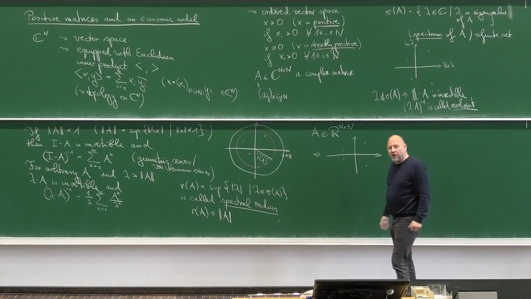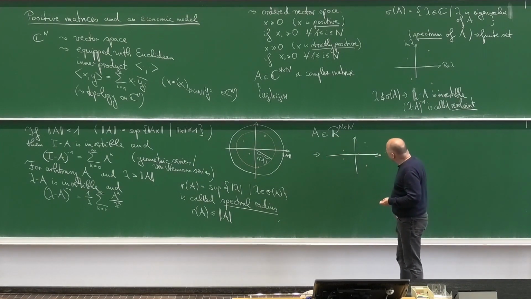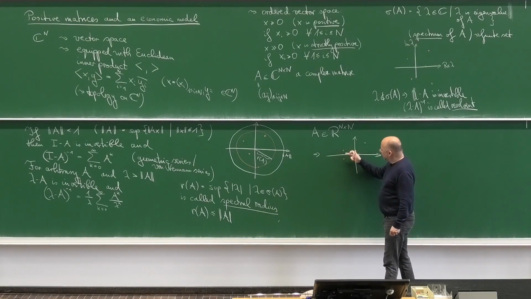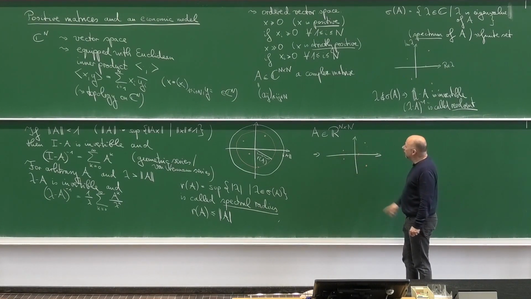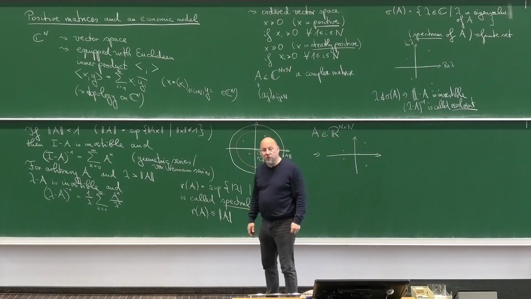That's, of course, depending on dimension. But if we are really in dimension 5, we may have 5 different eigenvalues, but here at least we have 2 complex conjugates, and one is real. In dimension 5, we always have to have one real eigenvalue.